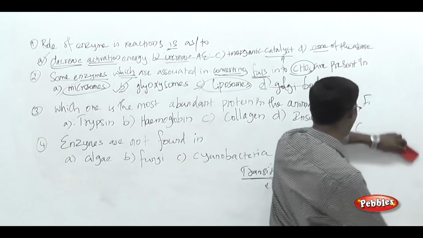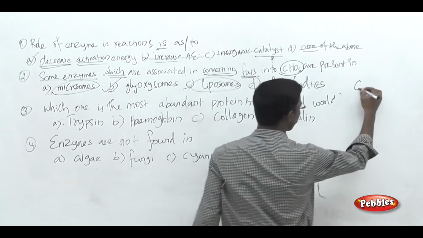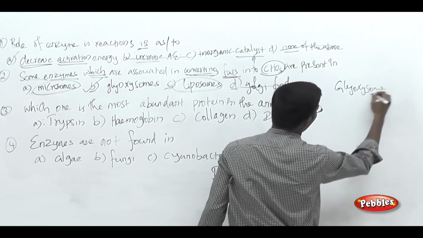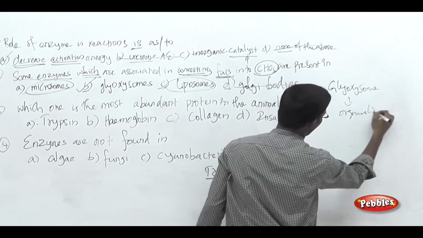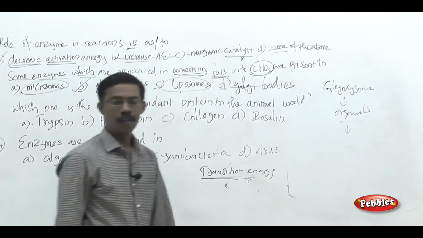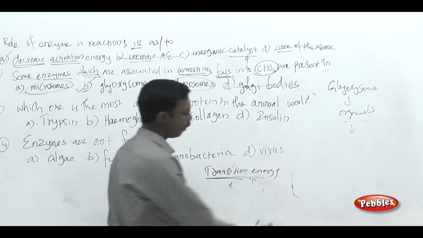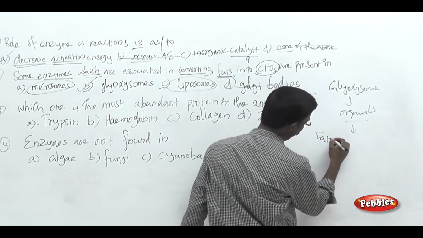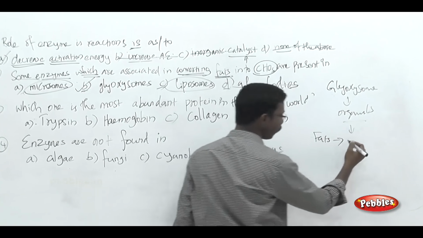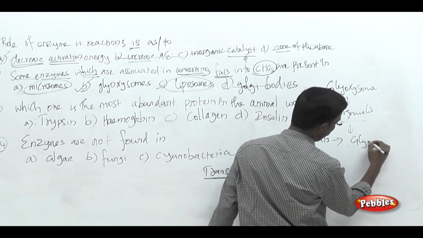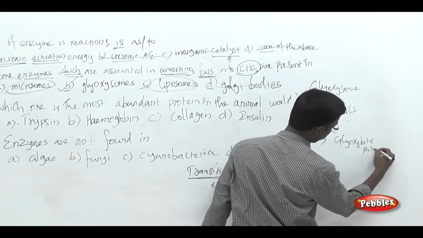I'll tell you something about glyoxysomes. A glyoxysome is a kind of organelle that is directly involved in the synthesis of carbohydrates from fat. From the fat, it enters into the cycle called the glyoxylate pathway.